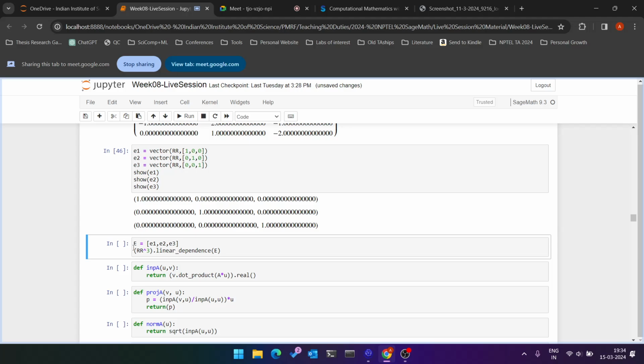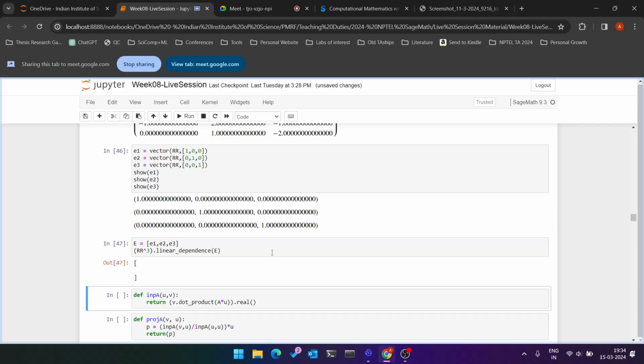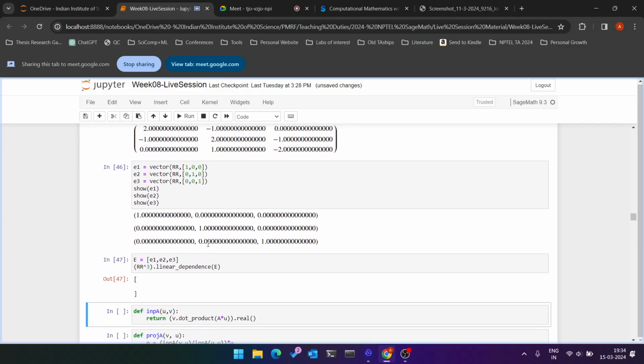So I define the standard basis as capital E containing small e1, e2, and e3, and then with respect to the overlying vector space, which is R3, I check the linear independence of this particular basis set. So the linear dependence turns out to be an empty set, which basically tells us that this is a linearly independent set.